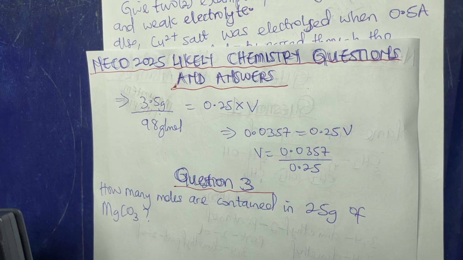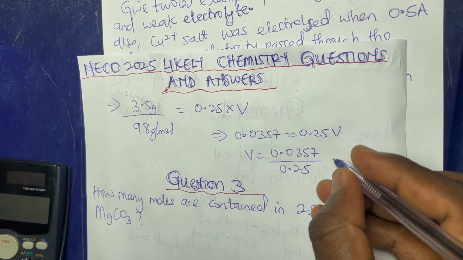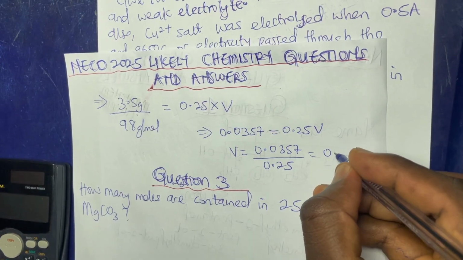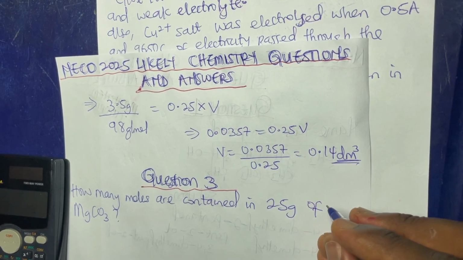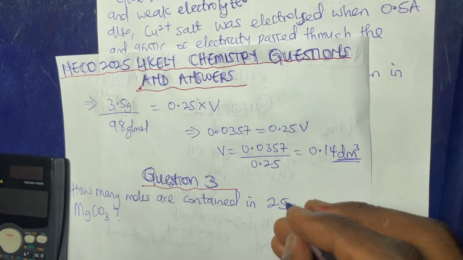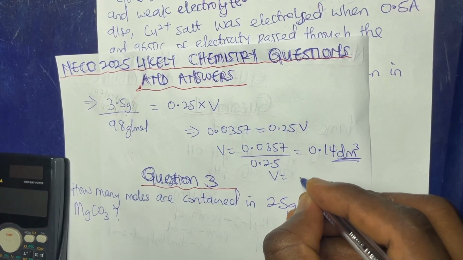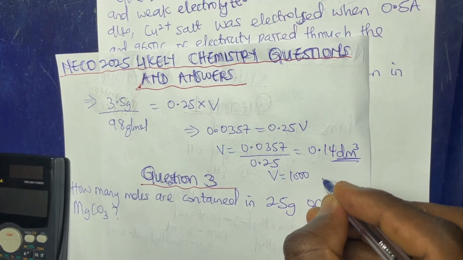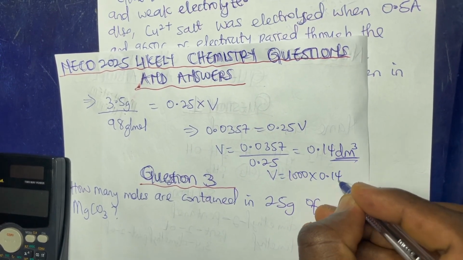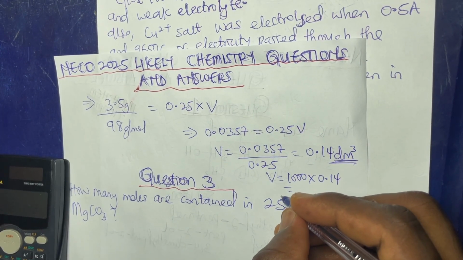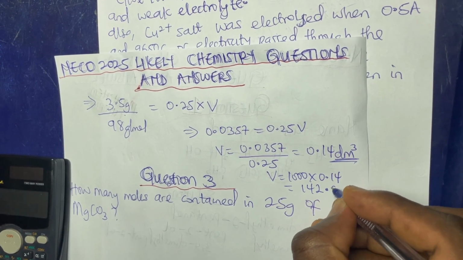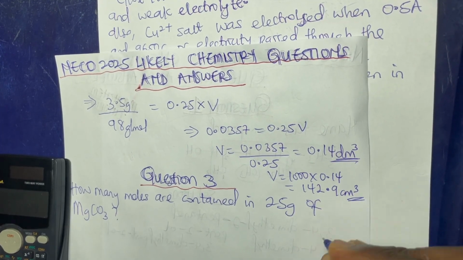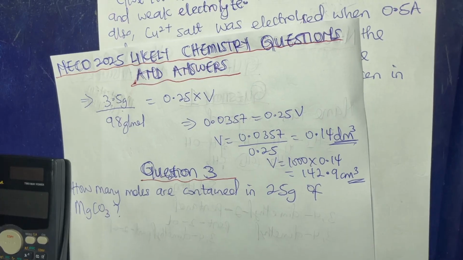So if I do that, that will be equal to 0.14 dm cube. And if you want to convert it to cm cube, that will be 1000 times 0.14, which equals 142.9 cm cube. So that is the answer for that.